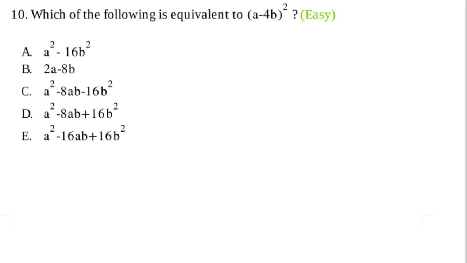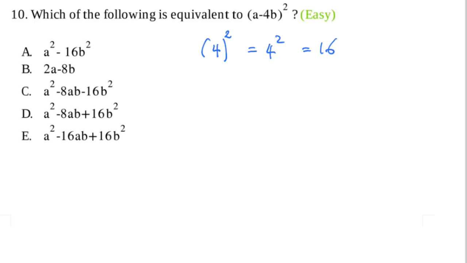Question number 10. Which of the following is equivalent to, inside the parentheses, a minus 4b, squared? A common mistake would be thinking that, for example, if we have the number 4 inside parentheses, this would be 4 squared, and therefore 16.